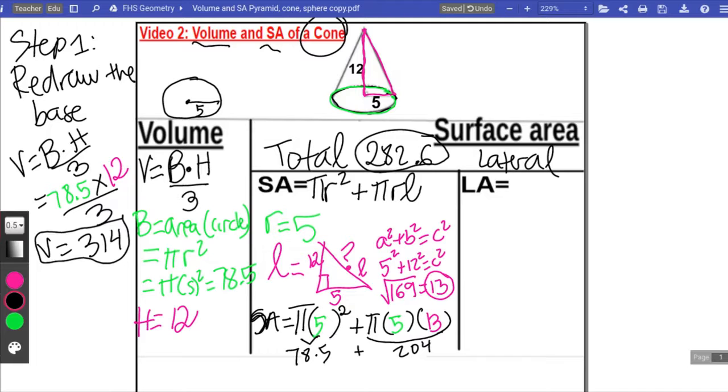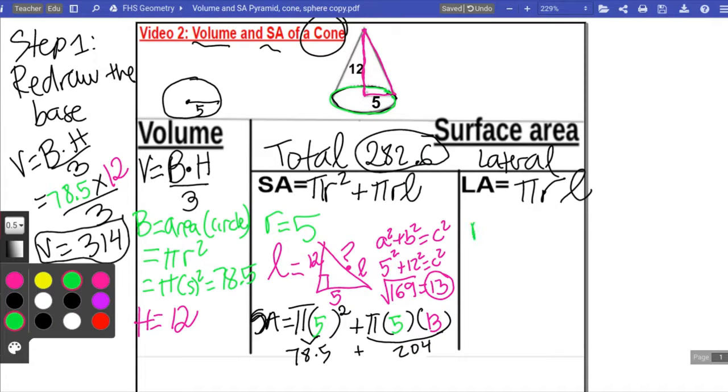Now we're stepping up to lateral surface area. Let's write the formula for that: pi times radius times slanted height. Let's do this. The radius is right here, 5. Slanted height is right here. We already got it. Here's the formula for LA: pi times radius times slanted height.